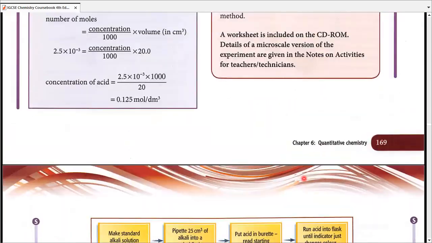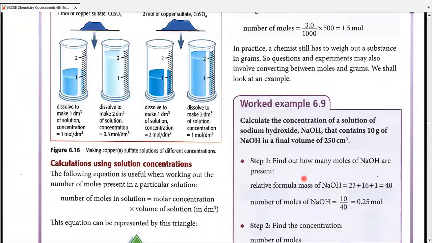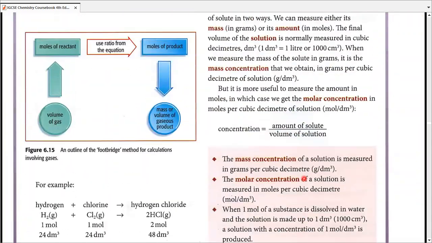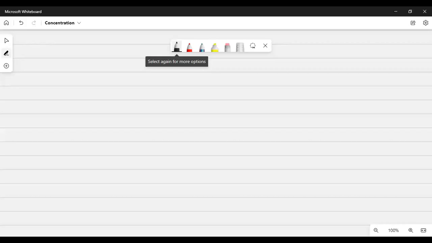So, getting towards solutions, when I say the word concentration, let's start from the very basic.